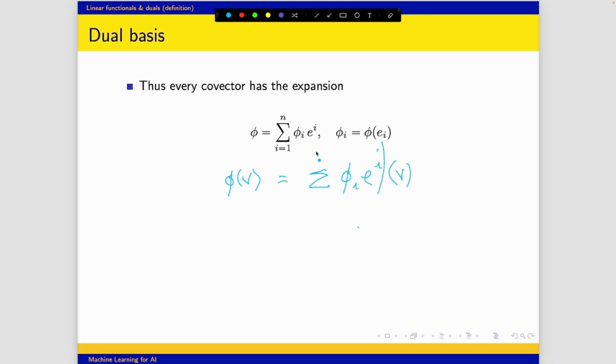It's the whole thing acting on V. Which is equal to the sum of these numbers phi I times EI acting on V. So sum from I equals 1 to n of phi I VI, because EI V picks out the ith coordinate of V. So we get this.